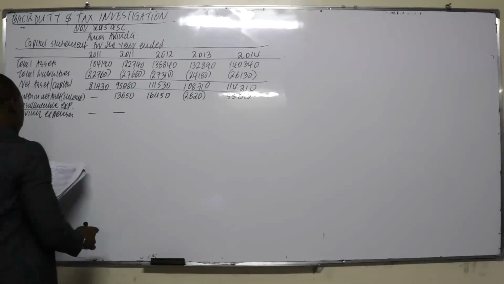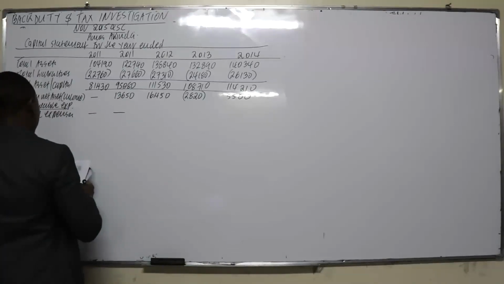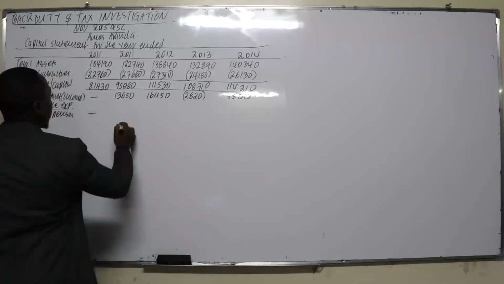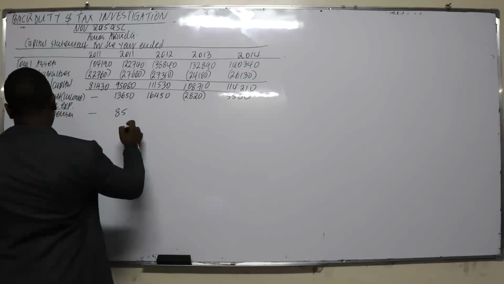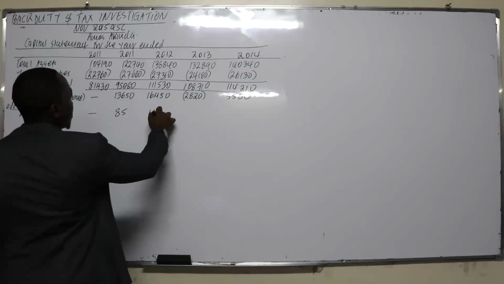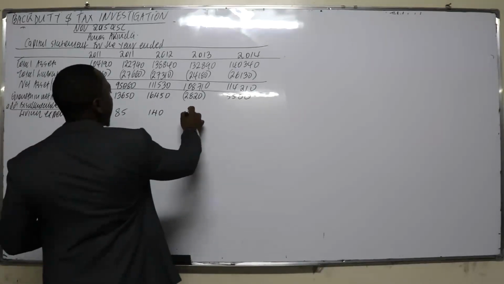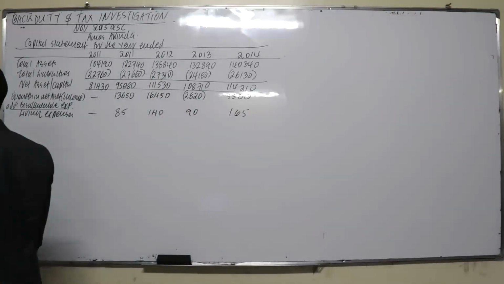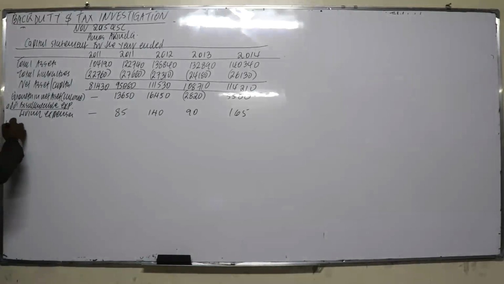Year 2011 was an amount of 85, here we had an amount of 140, 90, 165. And we add back all the disallowable expenses. Then you raise non-taxable income.